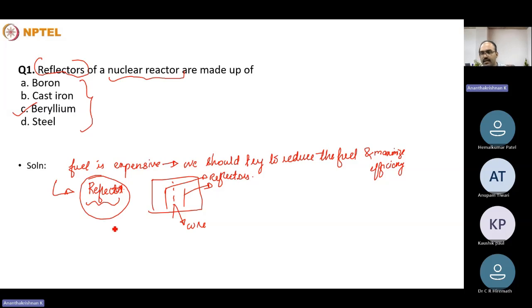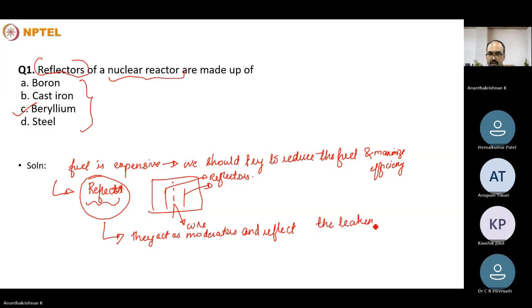They act as moderators and they reflect the leaking neutrons produced back to the core.